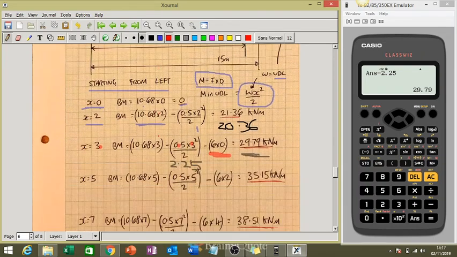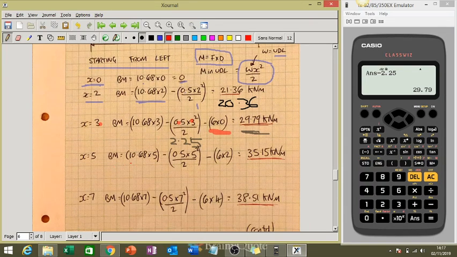So x equals 5, 10.68 times by 5. That's my UDL. All it changes is the 5, don't forget. So that's the same, the same. All that is changing is this number here. And now we're 2 meters past the 6, so that kicks in.